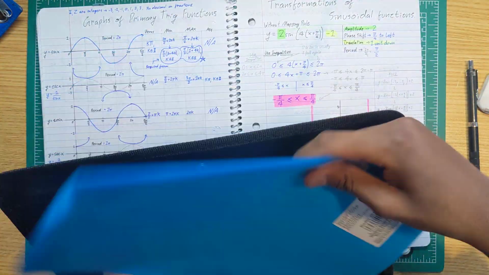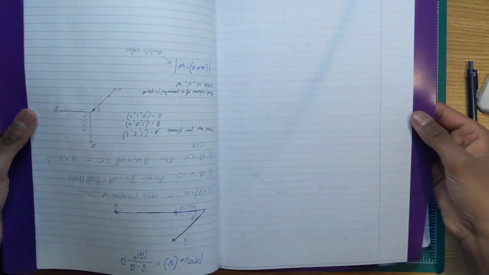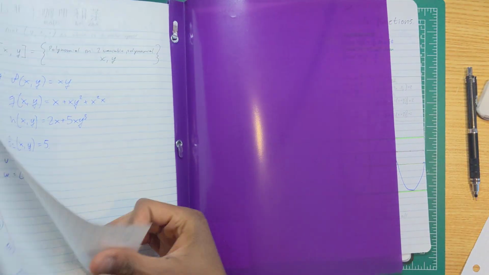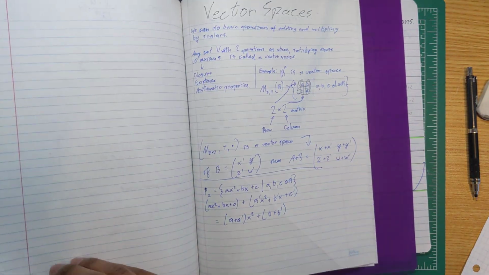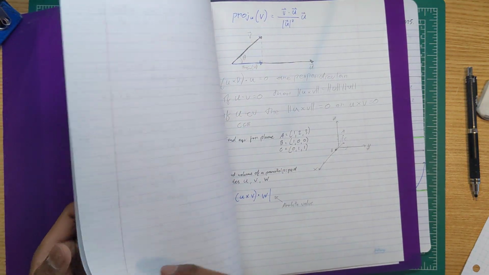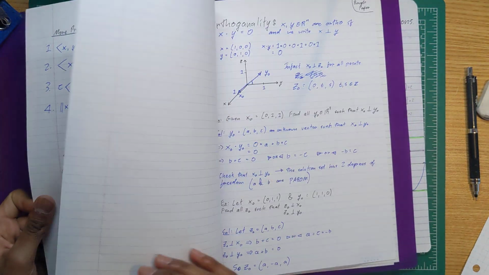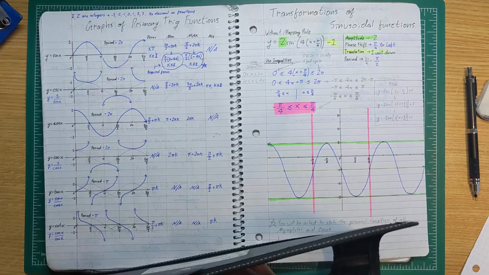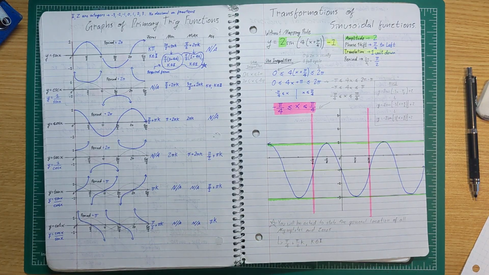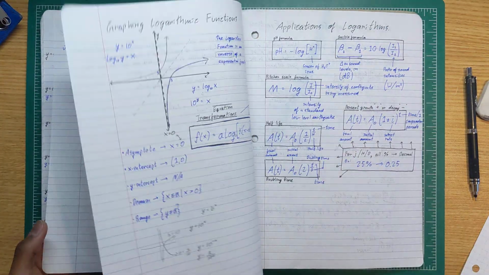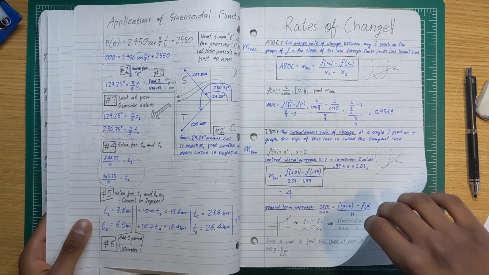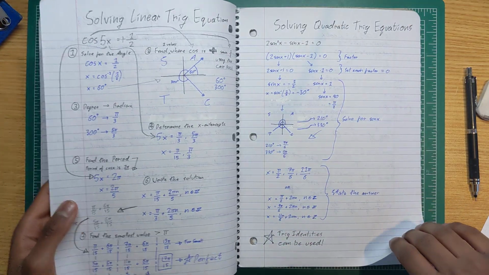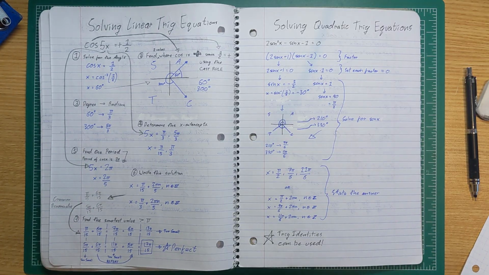Oh, what? Vector spaces. That's wild. What? Oh, okay.